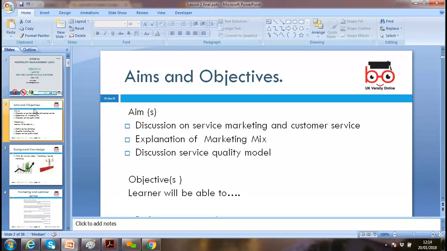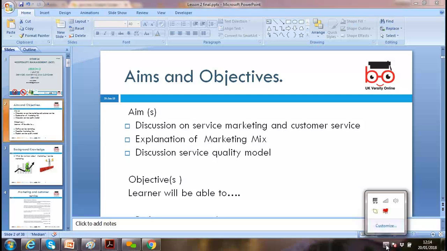We discussed BCG metrics as well during the last lesson. Yes, we did all of these. I think we did BCG, we did PEST analysis, we did SWOT analysis. We discussed PEST and PESTLE forces as well.